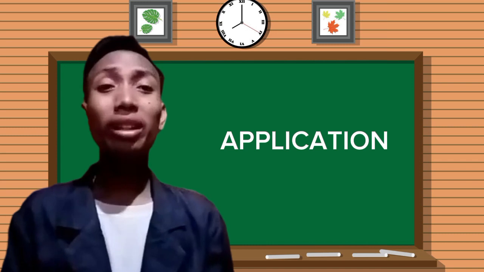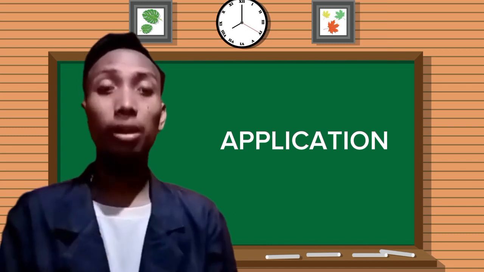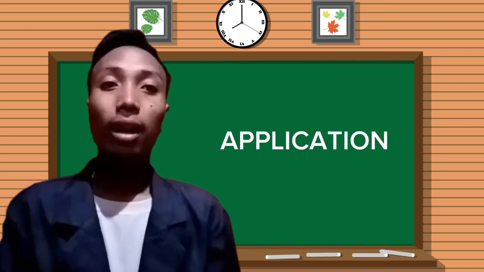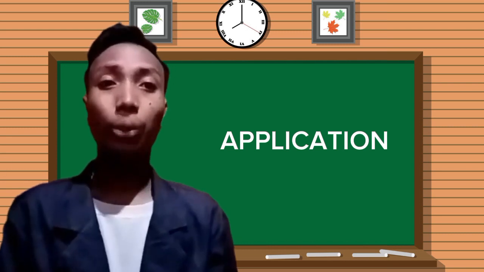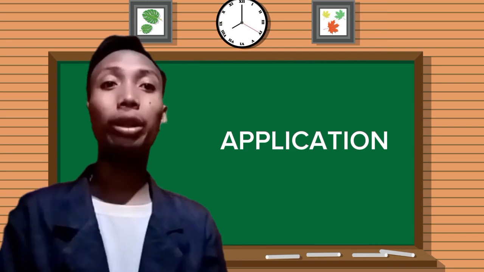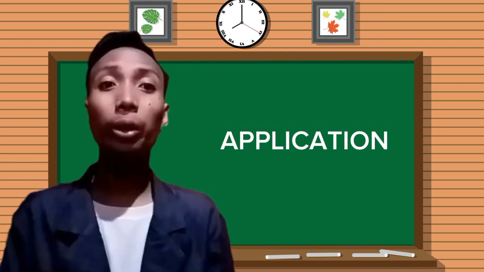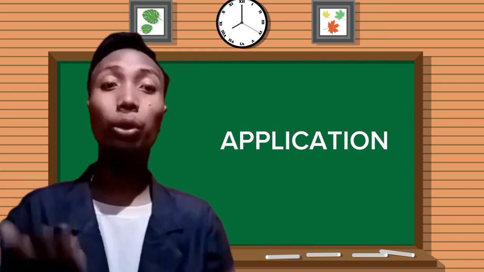Now, I am requesting everyone to kindly go back to your respective group. Okay, very good. Since you are already in your group, I have here two envelopes. Inside this envelope, there are some words that you're going to explain.